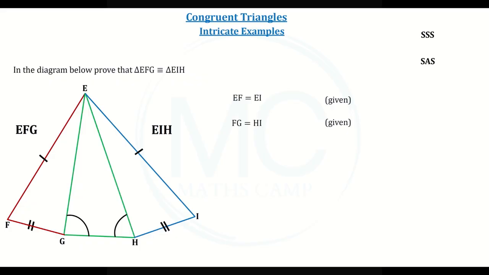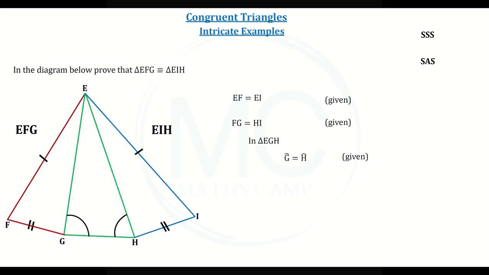Now we can say in triangle EGH, we know that angle G is equal to angle H, and this information has been given to us. From our work with triangles, we know that if a triangle has 2 interior angles that are equal, 2 sides are equal as well.